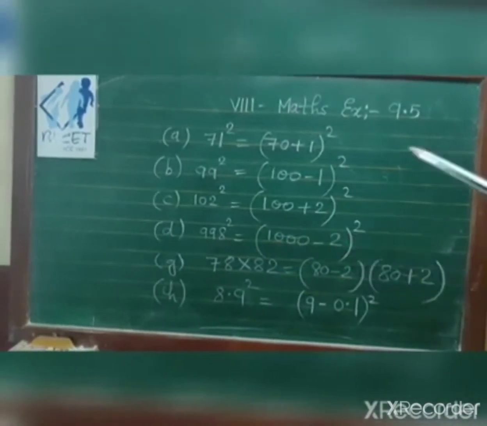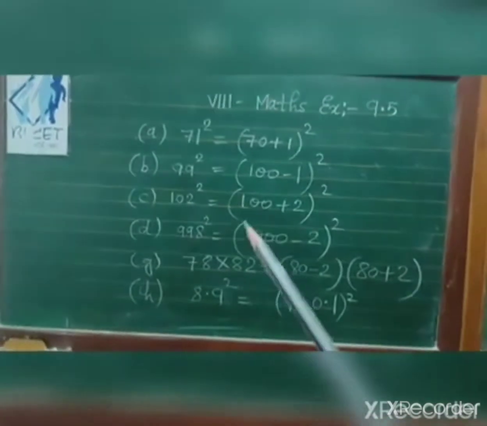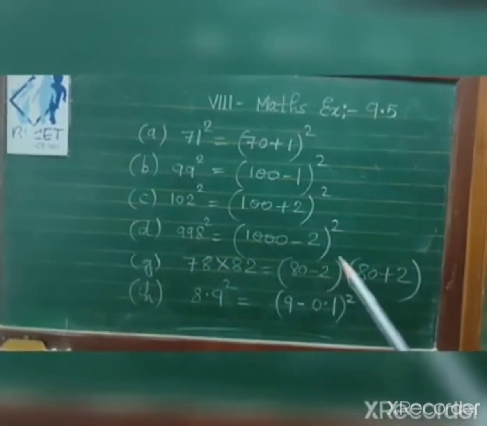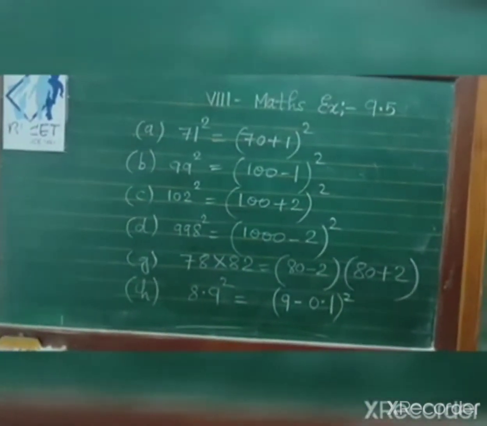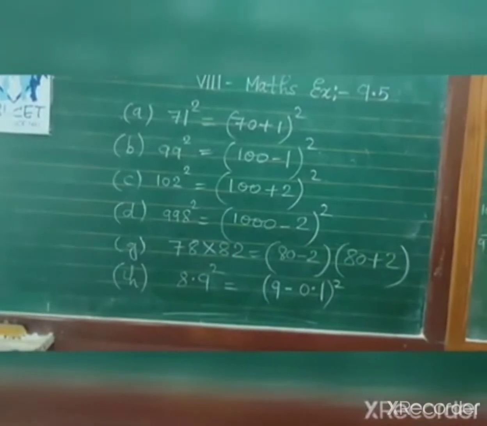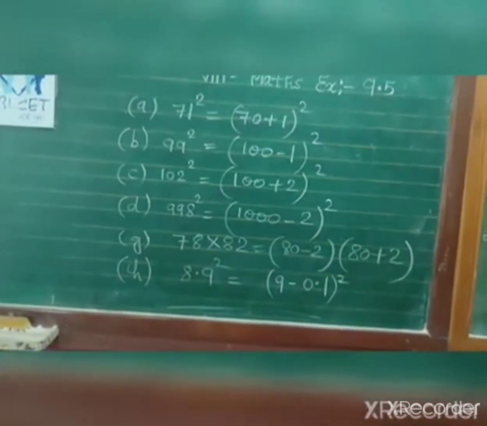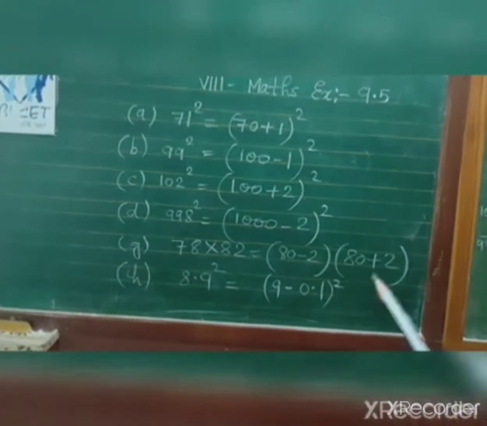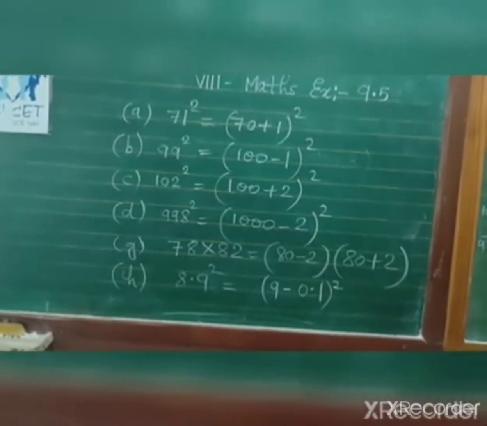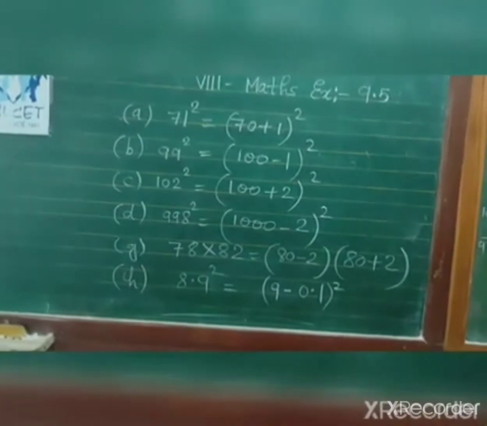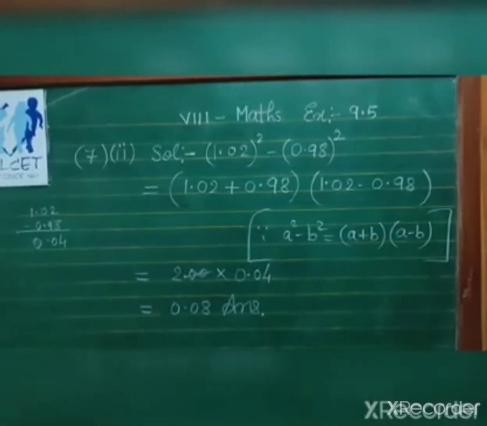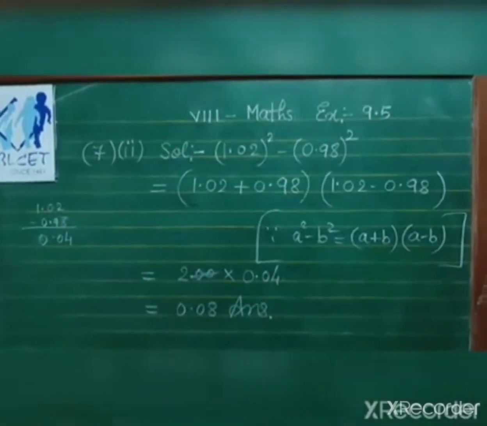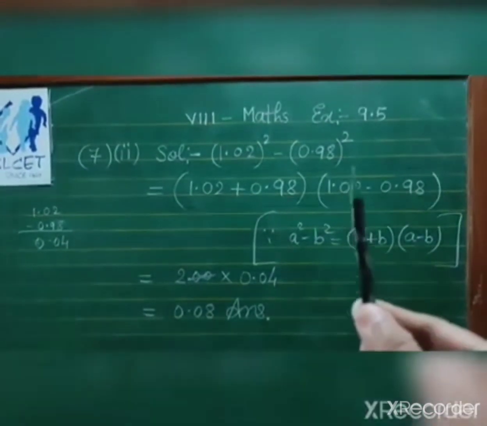A minus b whole square formula you can apply. 78 into 82, that means 80 minus 2, 80 plus 2, that means a plus b into a minus b is equal to a square minus b square, you can apply. 8.9 square is equal to 9 minus 0.1 whole square, that means a minus b whole square formula you can apply. So solve.